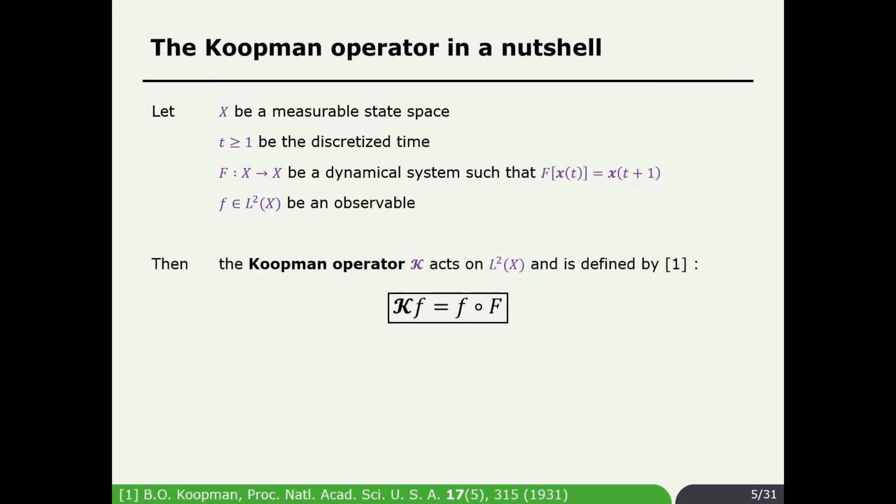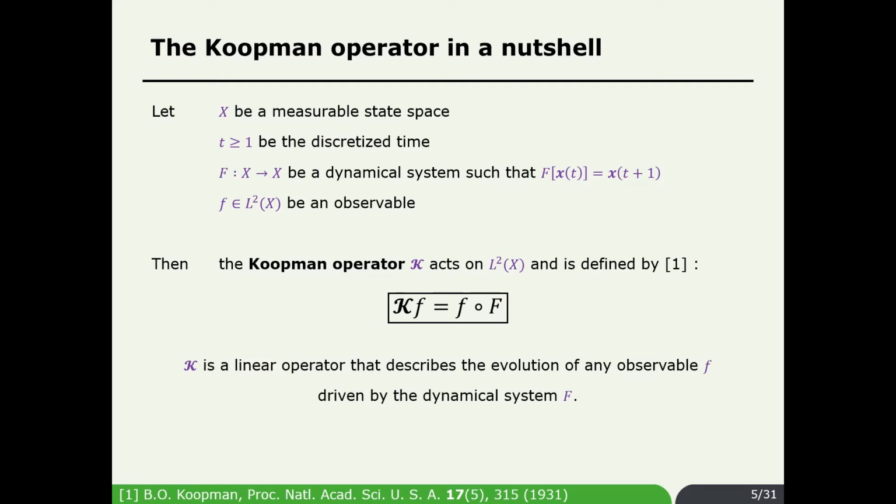Then the Koopman operator acts on the observable space and is defined by this equation. This is a linear operator that describes the evolution of any observable driven by the considered dynamical system. For more details, you may read the original work of Koopman, referenced here below.